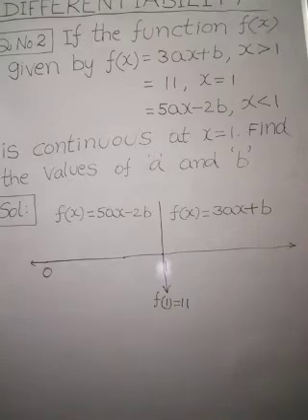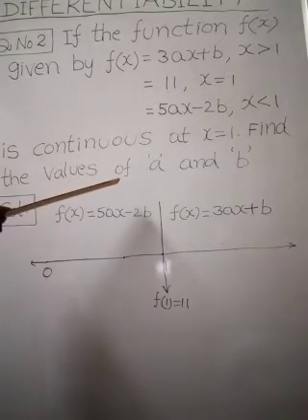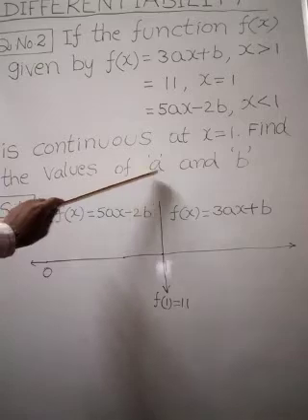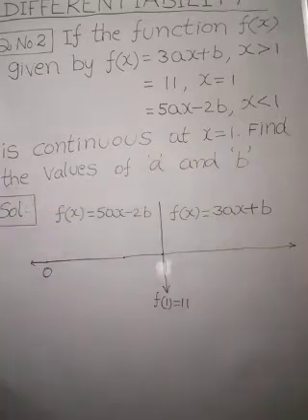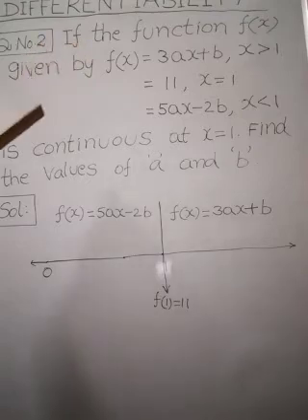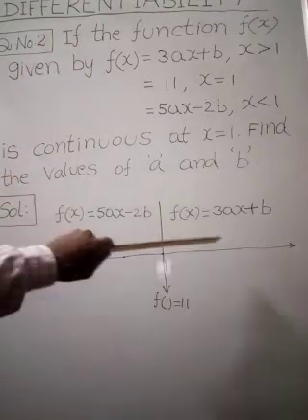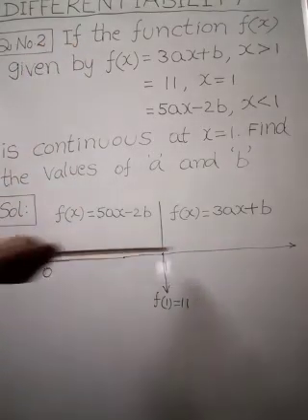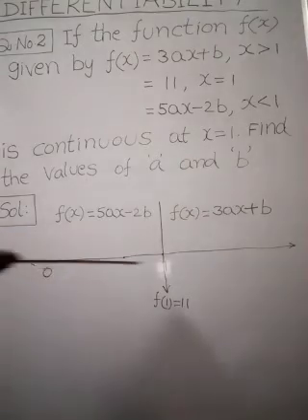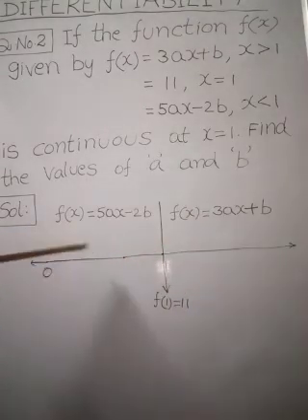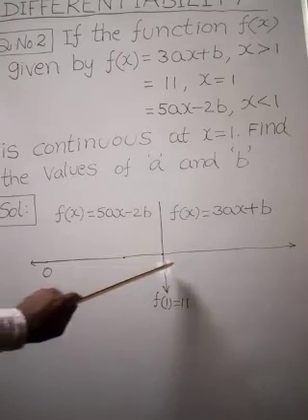Now, understood the question, my dear children? We have to find the values of a and b. Okay, my dear children? So, I am representing the given function pictorially. See here, this is a number line 0, 1, like that. Below 1, less than 1.